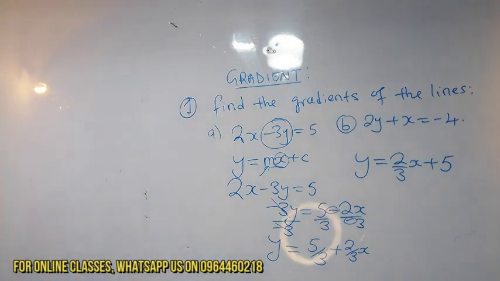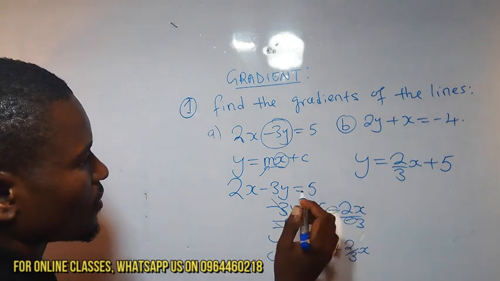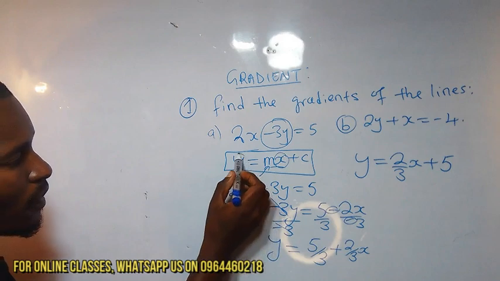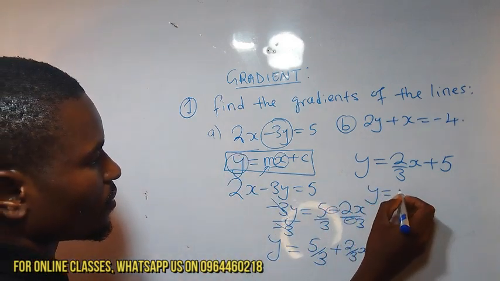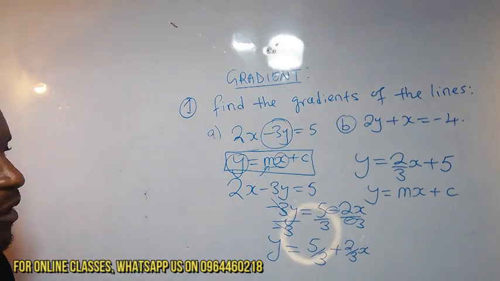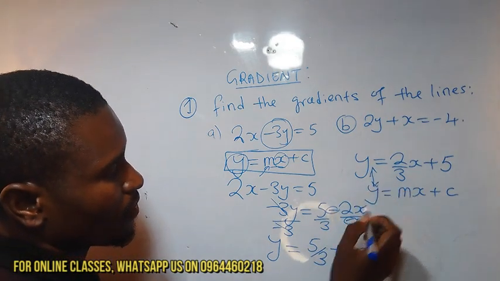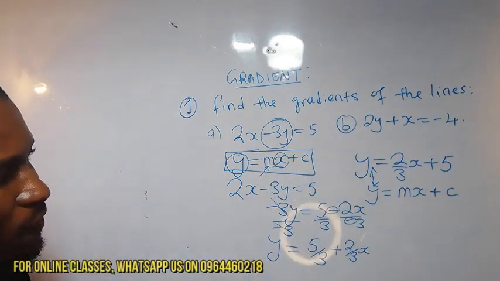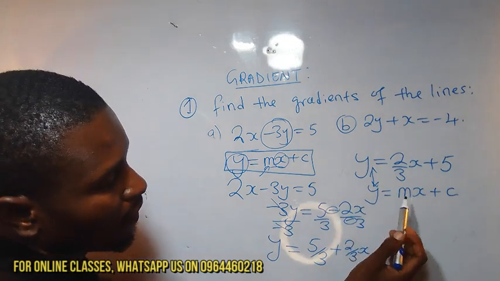Now you can see clearly from the board that this is now conformed to the standard equation, where y is the subject: y equals mx plus c. We have made the given equation look like the general standard equation of a straight line.